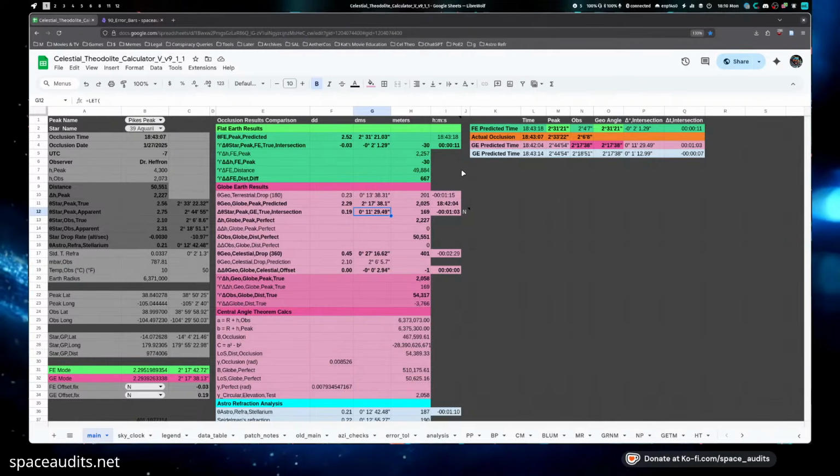So we also included in the analysis at the time of occlusion the true position and the apparent position at the observer location, so we can analyze whether the starlight coming from that even intersected with the geometric peak or not. So we've got a fresh look at the analysis now, where there's no circularity between the two, and the offset actually is the difference between flat Earth and globe.